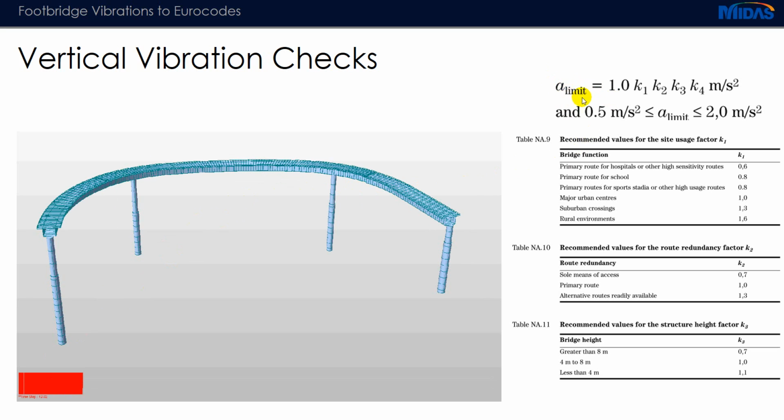This limit is calculated using factors like site usage factor or route redundancy factor, structure height factor, k1, k2, k3, k4. If the acceleration we are getting is less than this limit, then it is okay, it meets the comfort criteria. If not, then we need to control it using external methods like vibration controls, which we'll discuss later.